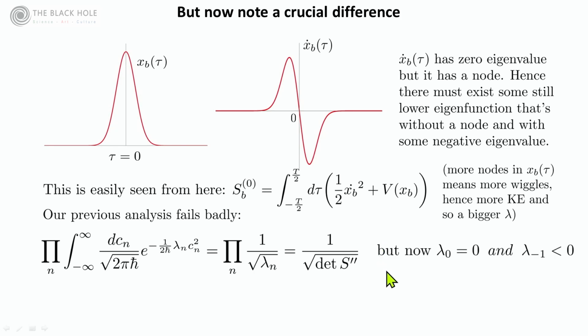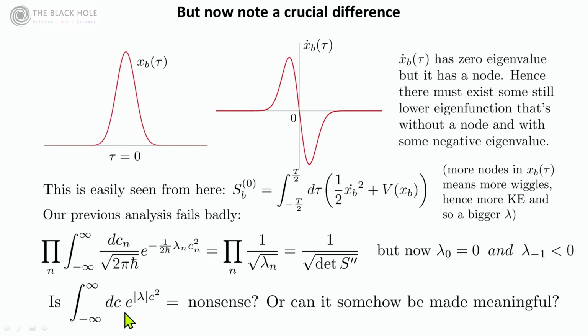But now, as we saw in the case of the symmetric double well, we had lambda 0 equal to 0, but that was the last mode. Now there's a mode which is negative, which means we have to do this integral over here with lambda minus 1, which is negative. And so we have something like this: we have to do an integral over c of e to a positive number times c squared, and that doesn't seem to make any sense.